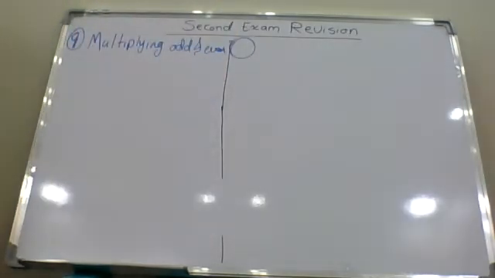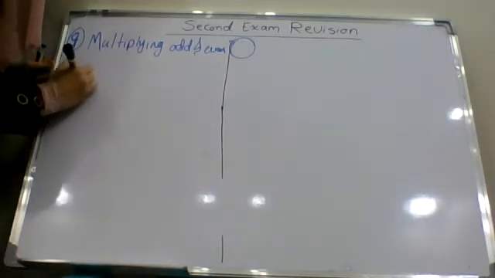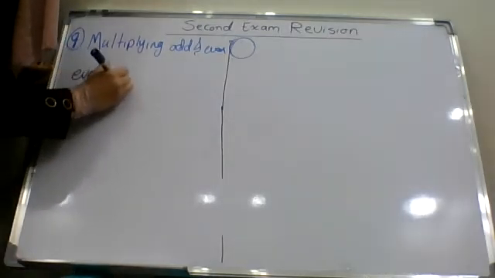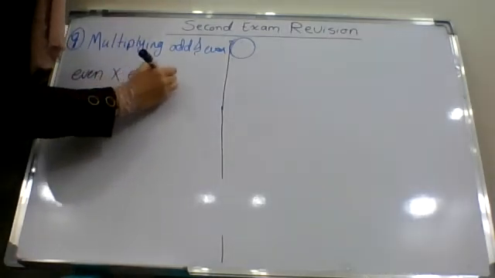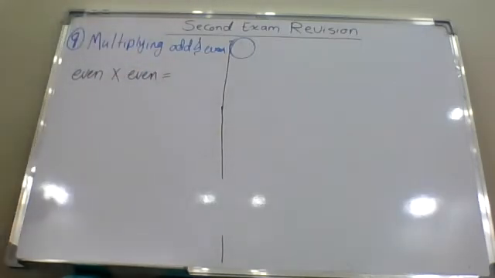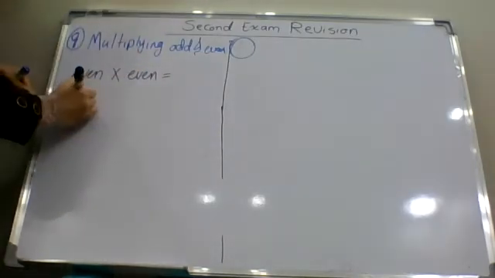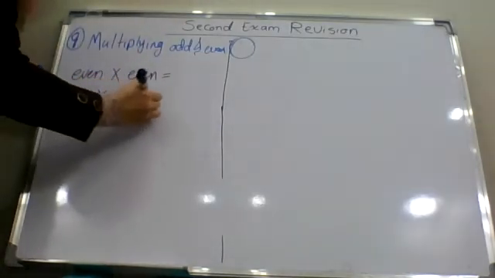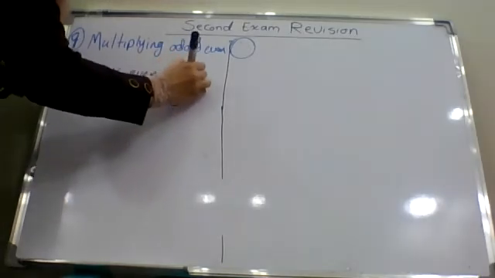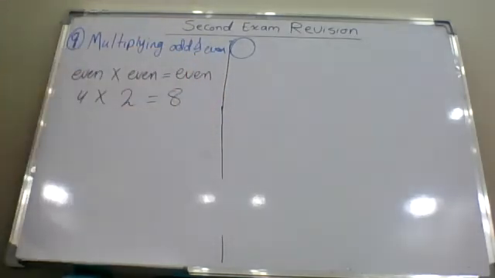How can I write the answer? Okay, the first step, which is multiplying even times even. So if you have even times even, what is the answer? Even times even, 4 times 2 equals 8, which is an even answer, right? 6 times 4 equals 24. Okay, so it's an even answer.